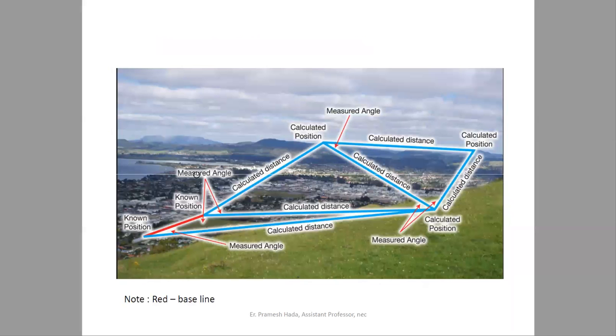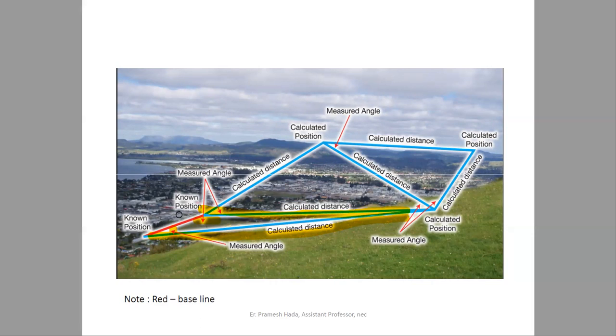Let's see here. We have a known position and a known position. Now we have the measured angle, this one, and these angles are also measured. If we have a known position and a measured angle, then we can calculate this distance and also this distance.